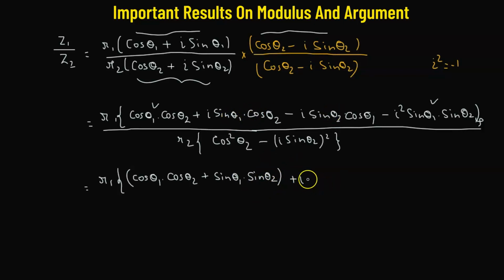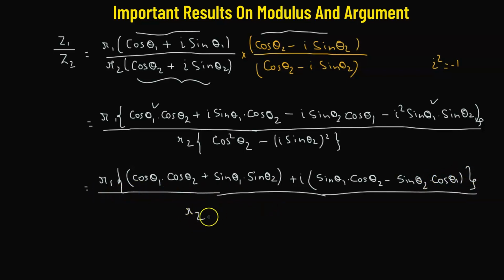We are going to take iota as the common factor, so this will get multiplied to sine theta 1 times cosine theta 2 minus sine theta 2 times cosine theta 1. Whole thing divided by r2 multiplied to cosine squared theta 2 minus iota squared sine squared theta 2.